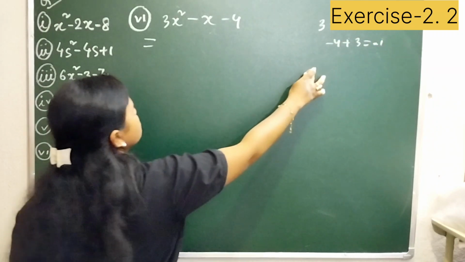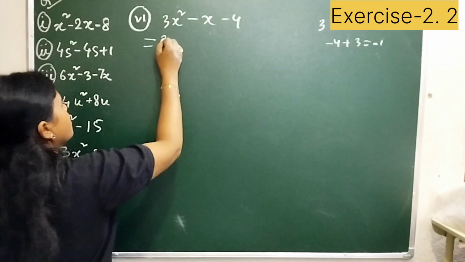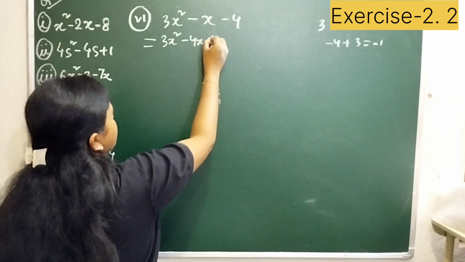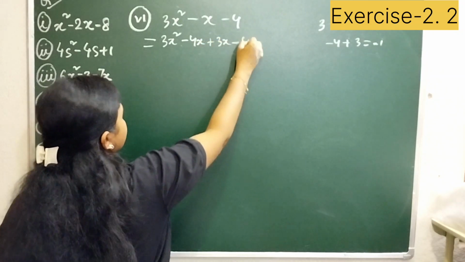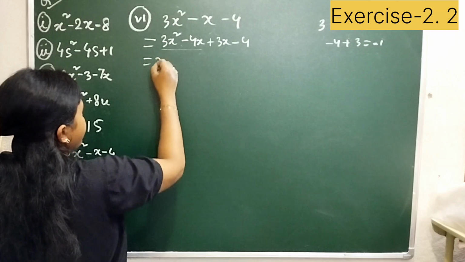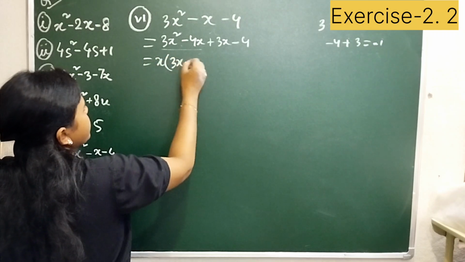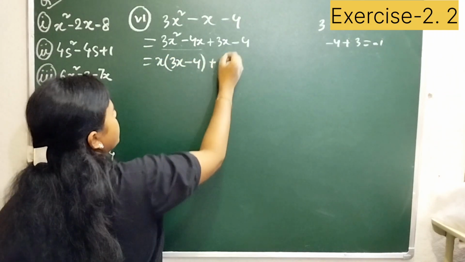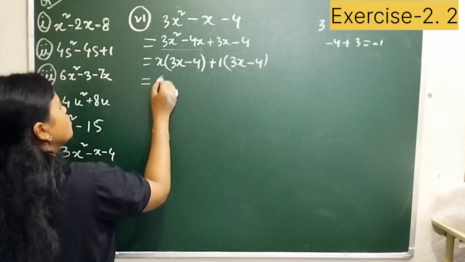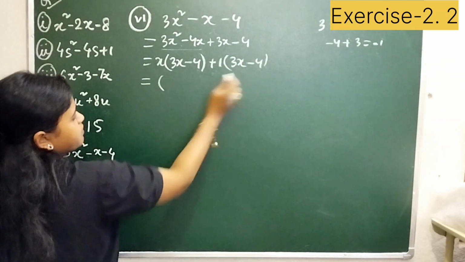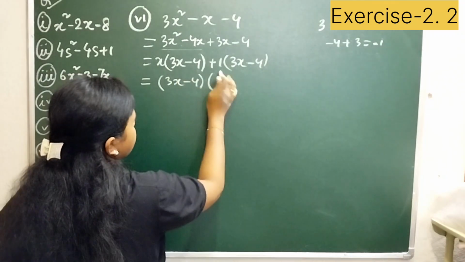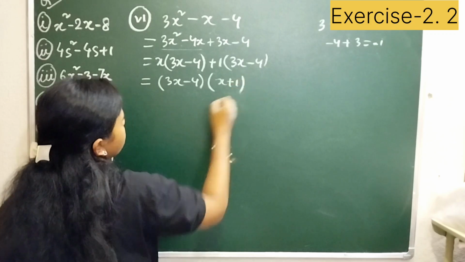So we use these two factors: 3x square minus 4x plus 3x minus 4. From the first two terms we take x, so we get x into 3x minus 4 plus 1 into 3x minus 4, which equals 3x minus 4 into x plus 1.